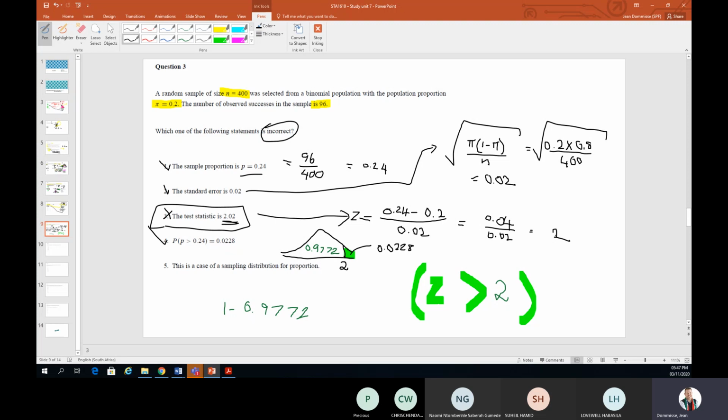And then the last one was, this is a case of sampling distribution for proportion. Yes, that is what they are talking about here. So that's actually a stupid option to have, but that is true. So just by 0.2, that one was the wrong one.